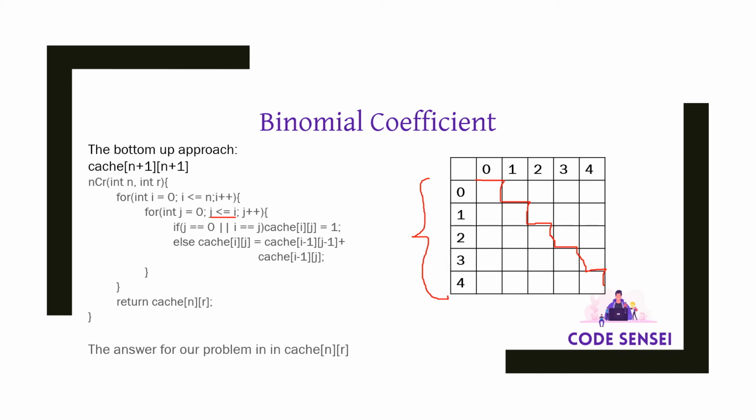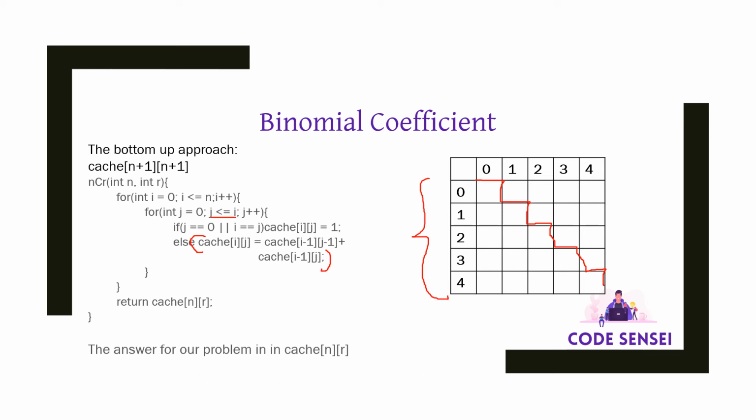Okay. So now, this is nothing but the base case: if the number of items to be picked is 0, or the total number of items equals the number of items to be picked, the value of i comma j will be 1. Okay, I think it's clear to all of you now, and else it's going to be the same solution that we thought before.